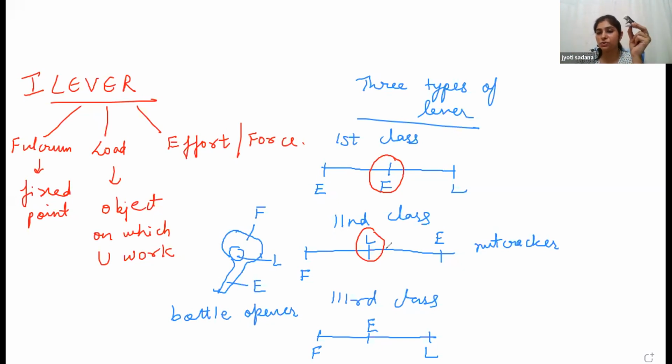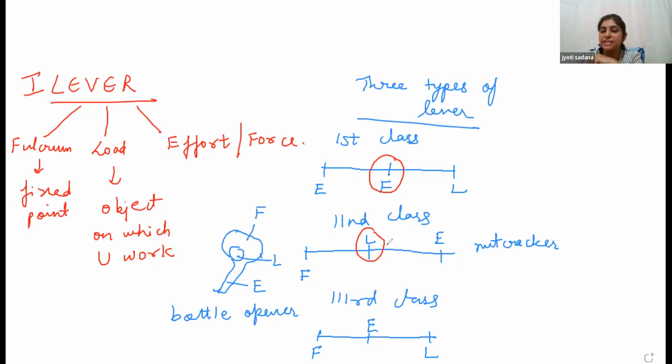I hope you have understood the three classes of lever. Quickly, I'll repeat. We started with machines. In that I told you, because some have joined new, that machines are the things which make our work easier. It reduces the time period to complete the work. Then we have done that machines are of two types, simple and complex.